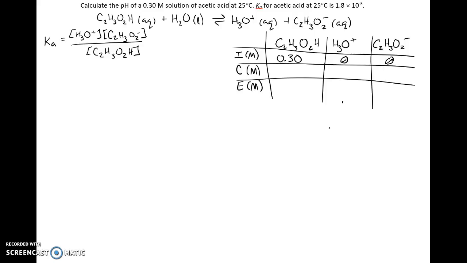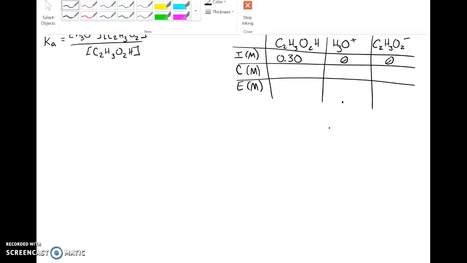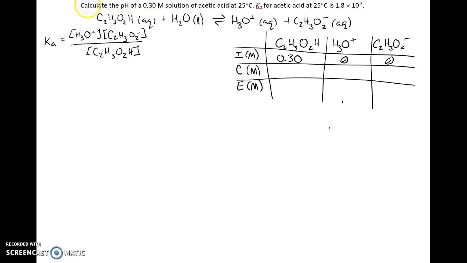We do know that the change in concentration of acetic acid will be very small because this is a weak acid. So we can write down that the equilibrium concentration of acetic acid will be very similar to the initial concentration. That still leaves us with 5 squares to fill in.